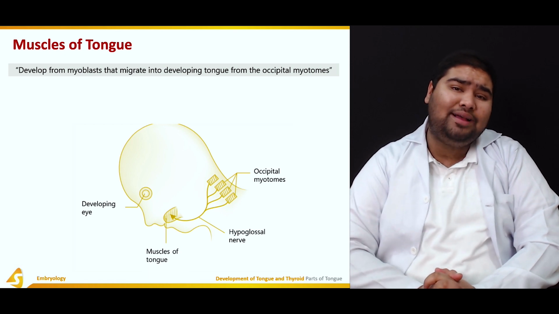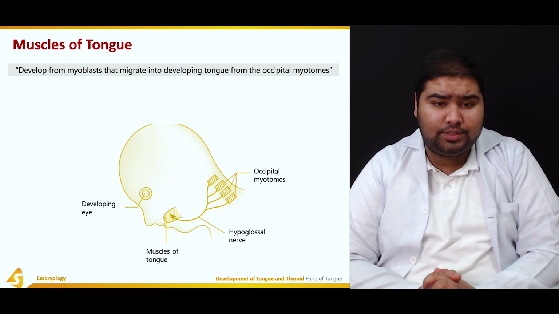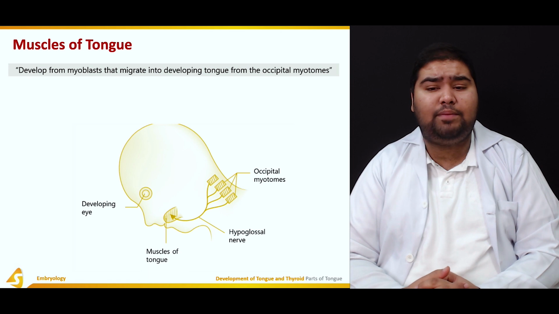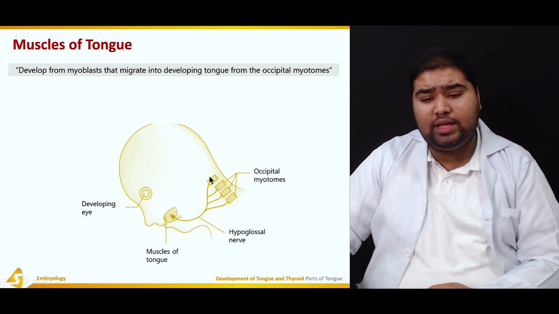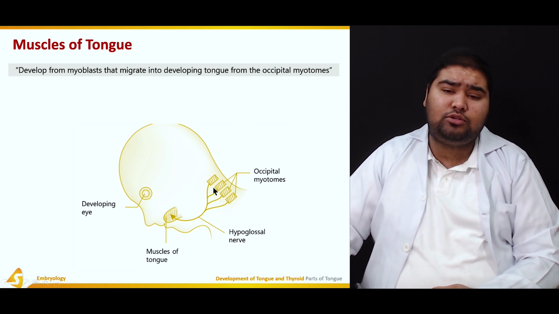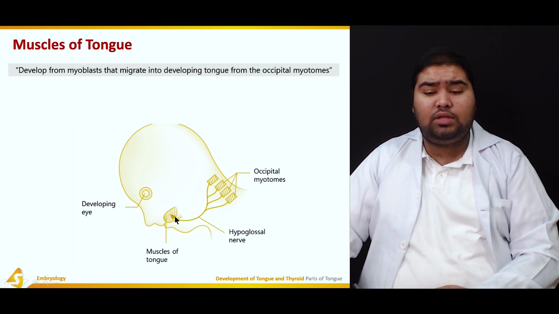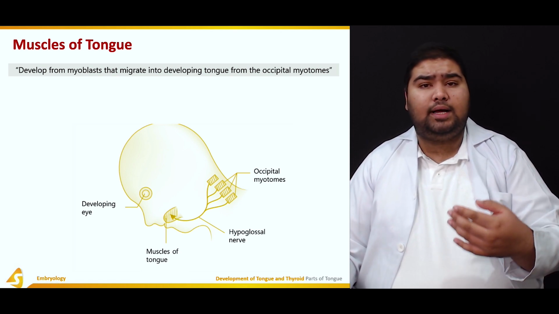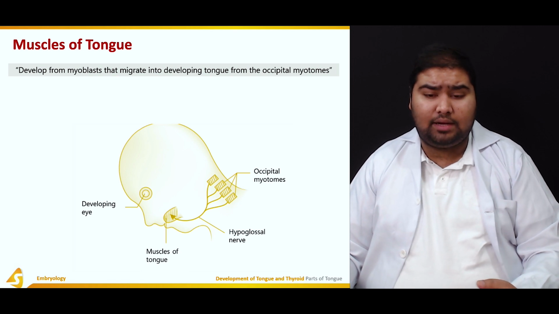The muscles of the tongue develop from the occipital myotomes. So they develop from myoblasts that migrate into the developing tongue from the occipital myotomes. So in the occipital regions, we have these myotomal components. These myotomal components migrate as myoblasts into the developing tongue and help in the formation of the muscles of the developing tongue.